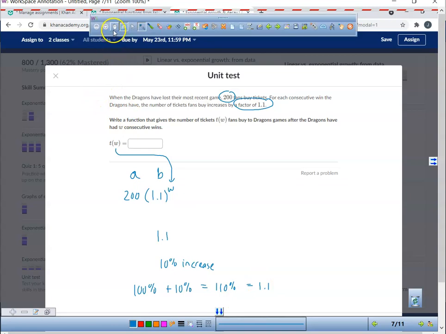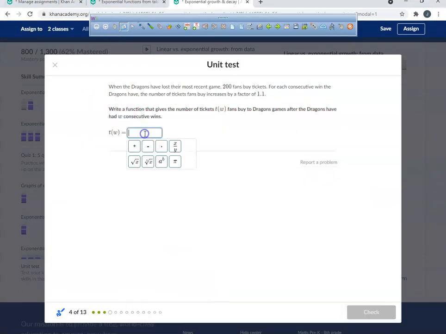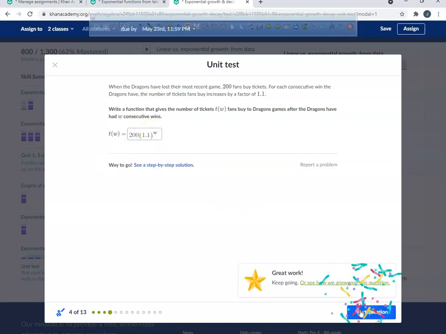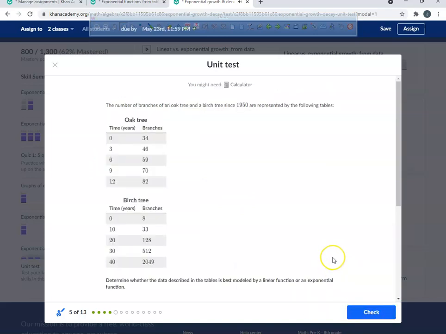Okay, so we have 200 parentheses 1.1. Now I got to do the power of W because the W represents the number of consecutive wins. All right, let's keep going. The number of branches of an oak tree and a birch tree since 1950 are represented by the following table.